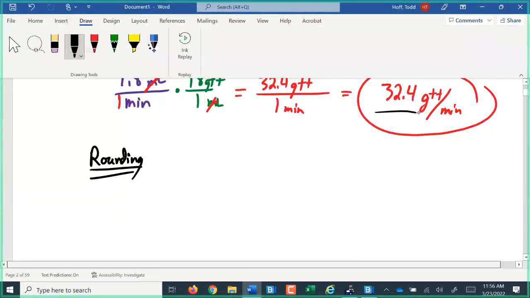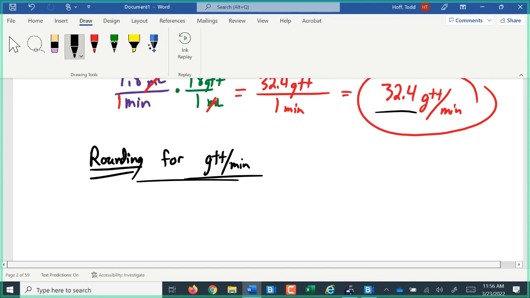So here we put 32.4. Well, we really can't count 32.4. Rounding for drops per minute really depends on the type of device we're working with.